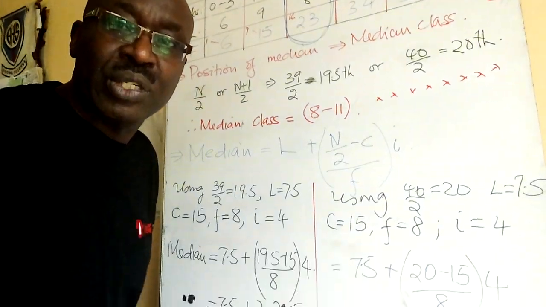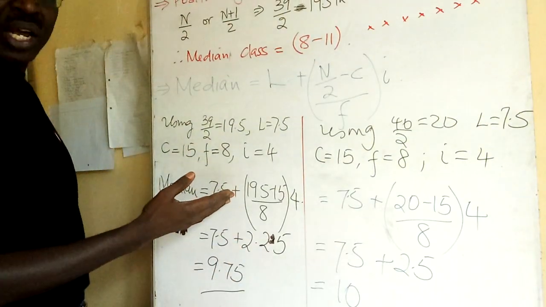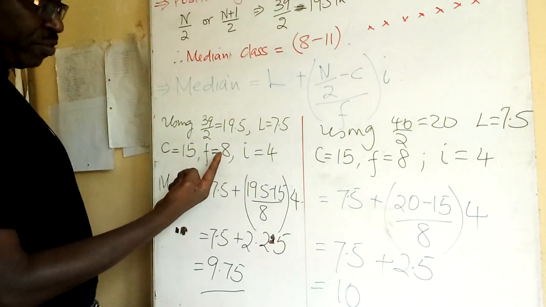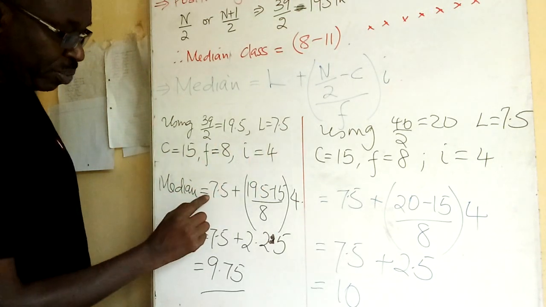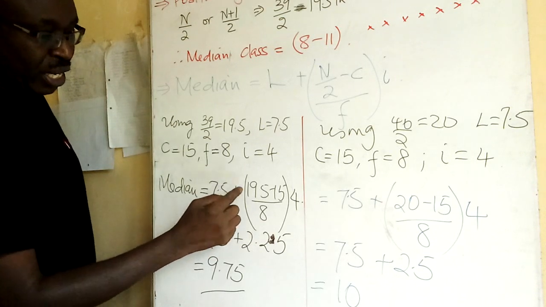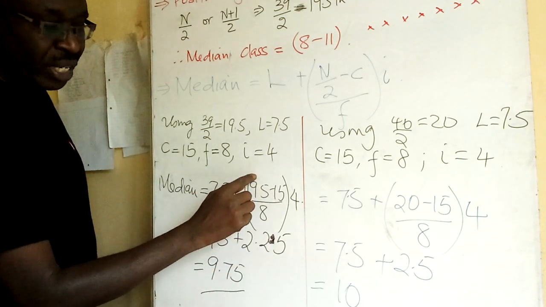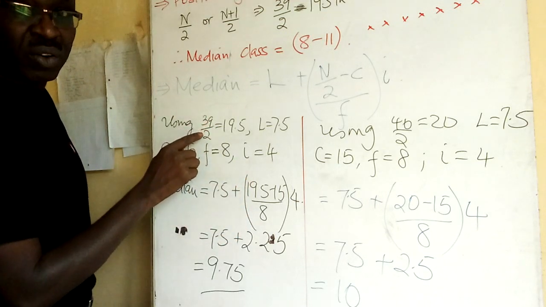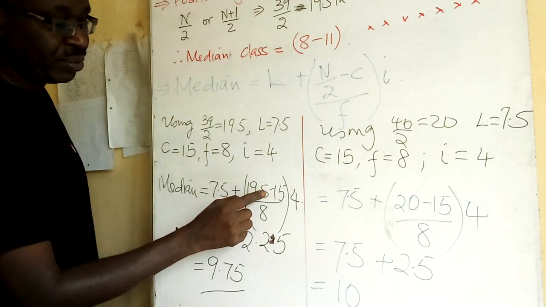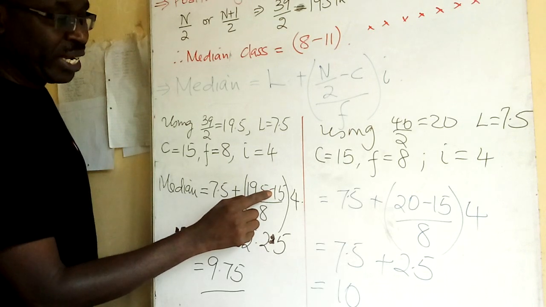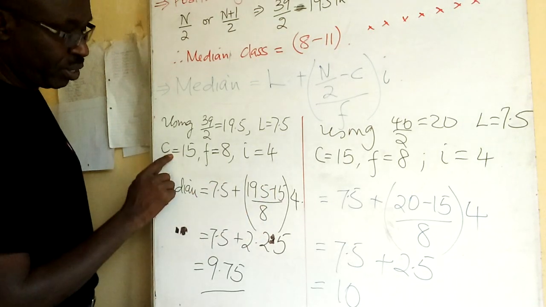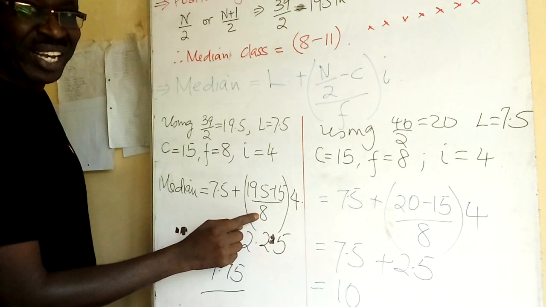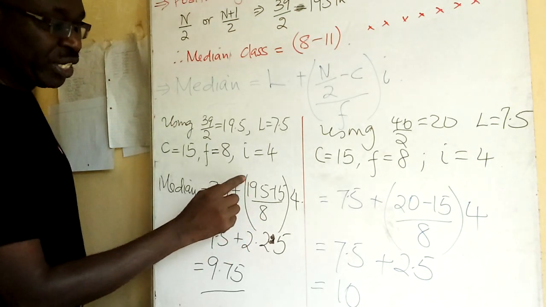So come down here, we substitute. I have known L is this, C is this, F is that, i is that. I put my L, then in a bracket, n over 2 here. 39 over 2 is 19.5, minus C. C is 15, divided by F. So here, I don't need to repeat 39 over 2.